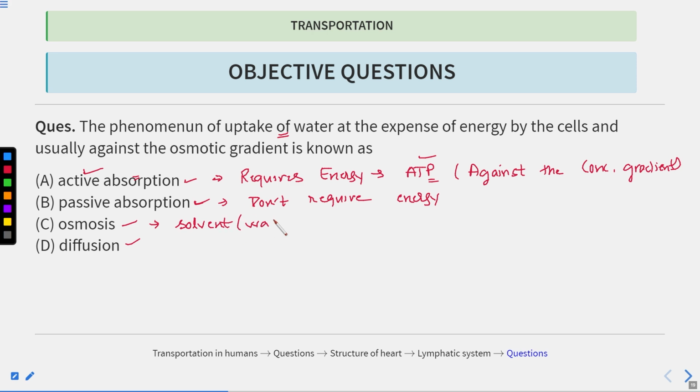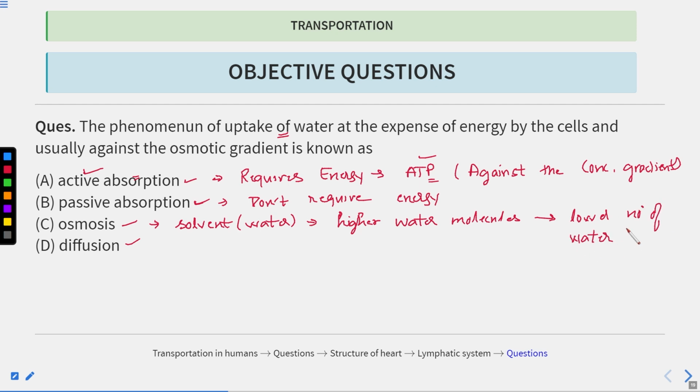Generally, water is the most common solvent, and here there is a movement of the molecules from a region of higher water potential, that is, a region of a higher number of water molecules, to the region where there is a lower number of water molecules.